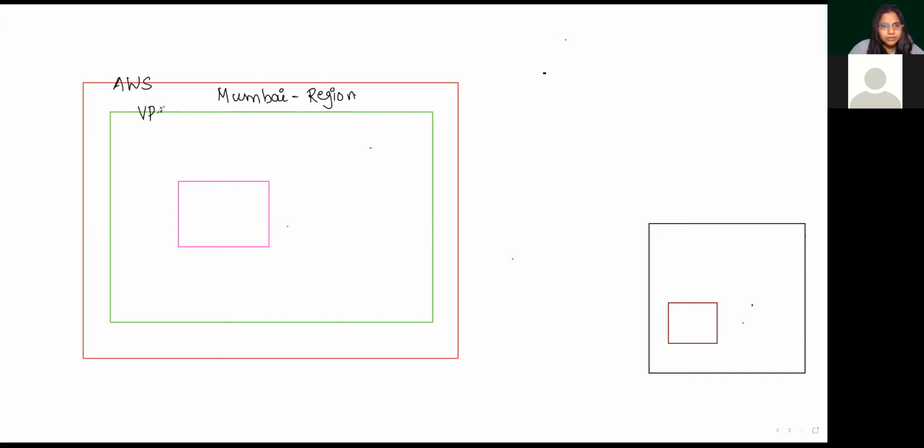This is our VPC. And this is a subnet that we have created inside a VPC, say 10.1.0.0/16. And this is connected with the router.